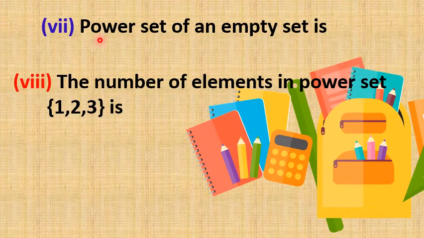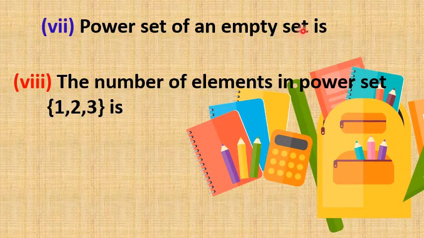Now, power set of an empty set. Remember students that a power set is a set, so its elements must be written within curly brackets. So power set of empty set means all the subsets of the empty set. Since it is empty, phi will be the subset of the empty set because phi is the subset of every set, right?